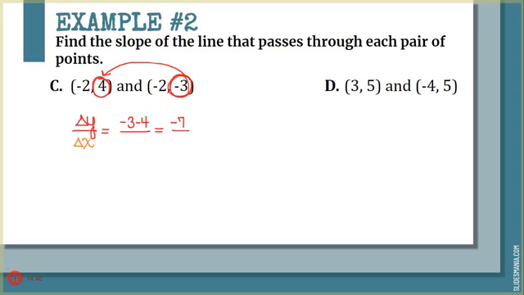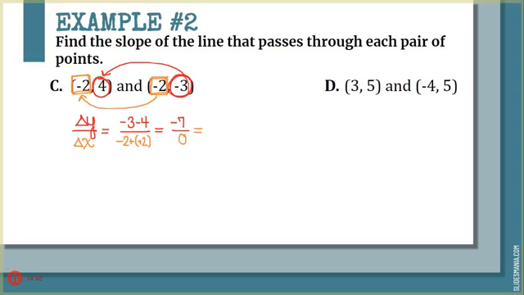If I started with the y value of -3, that means I have to start with the x value of -2. And I have to take -2 minus a -2. Remember, minus a negative really means to add a positive, and -2 plus 2 is really 0. I cannot divide by 0.